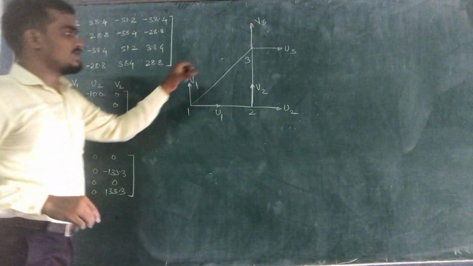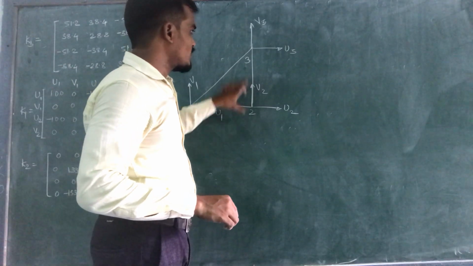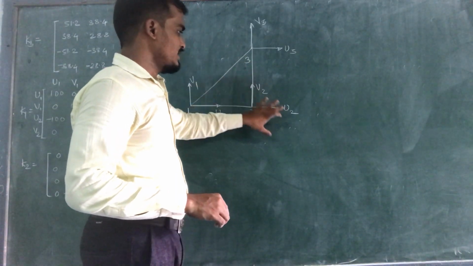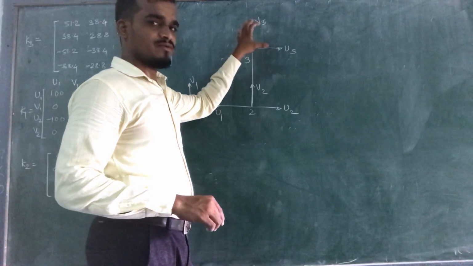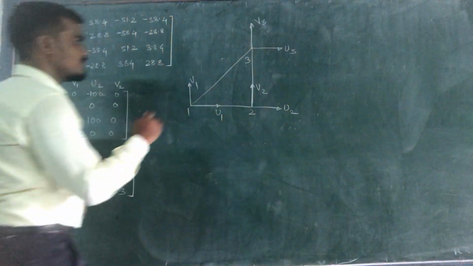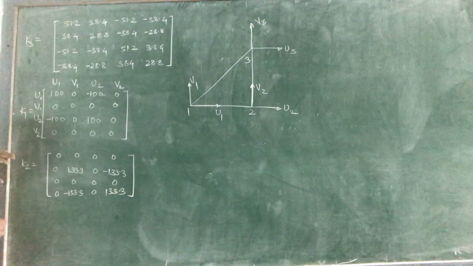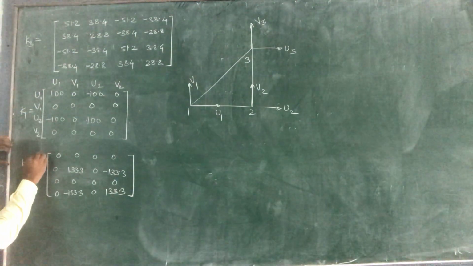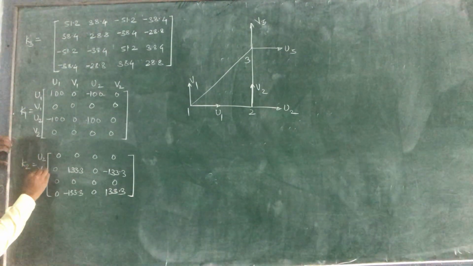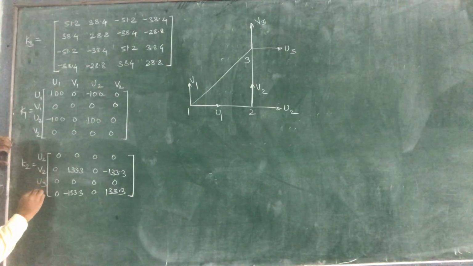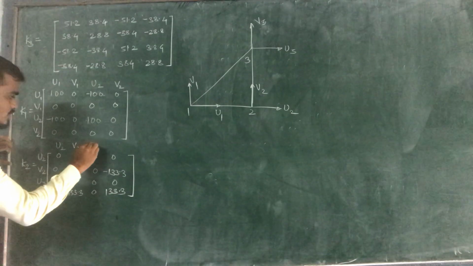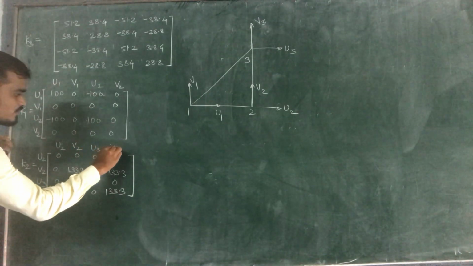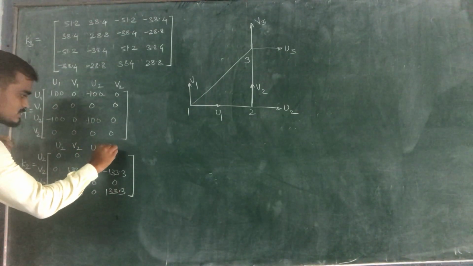Similarly, the connectivity of the second element is in between node 2 and node 3. It means between U2, V2 and U3, V3 displacements, between rows and columns. Why are we writing these connectivities?